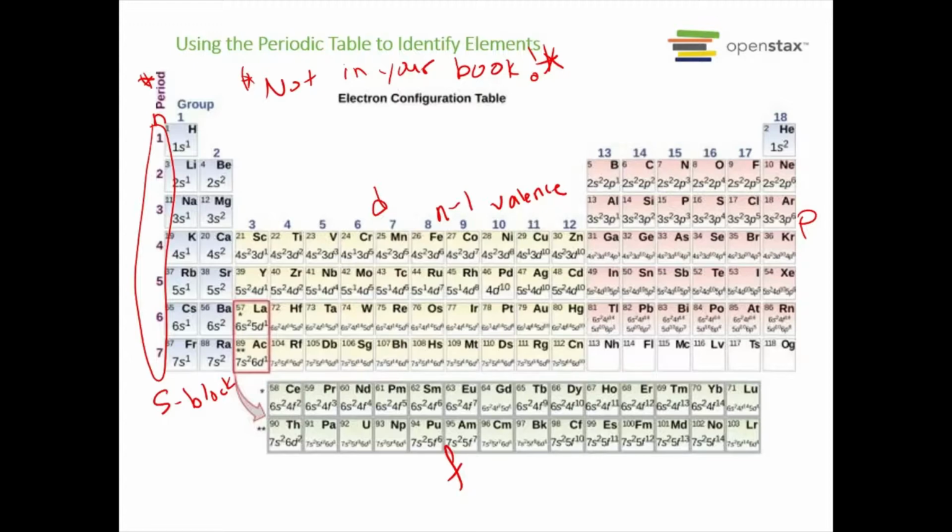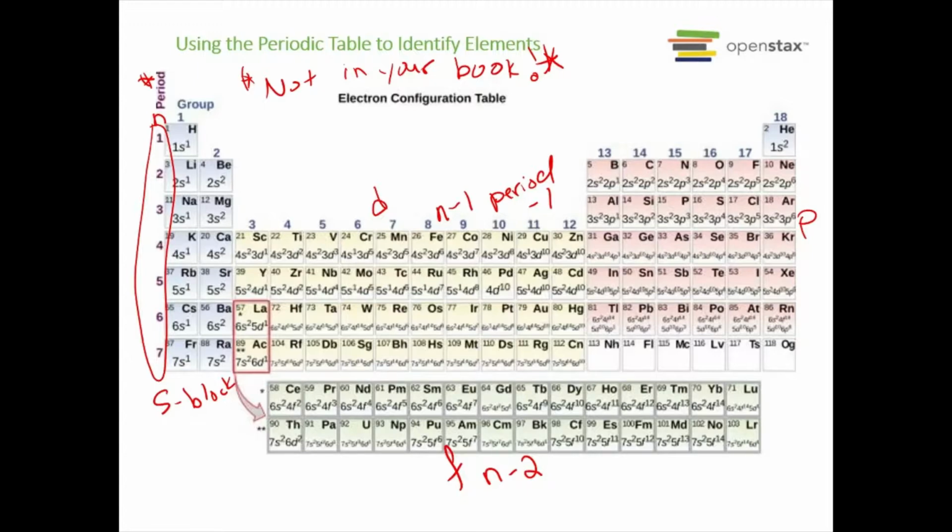So these are n minus 1, or your period number minus 1. And then your f block is n minus 2, or your period number minus 2. For the s block and p block, it's just that same number.